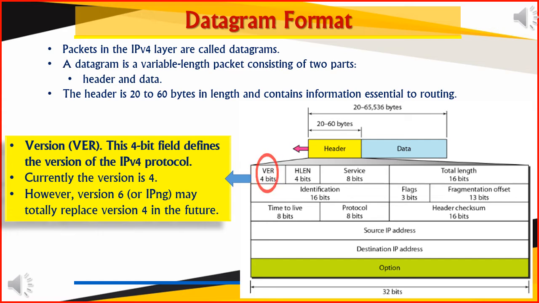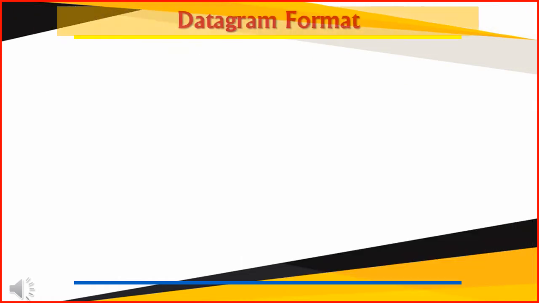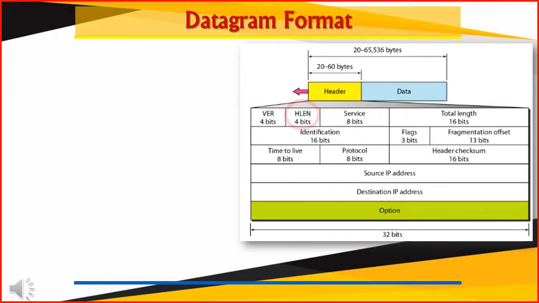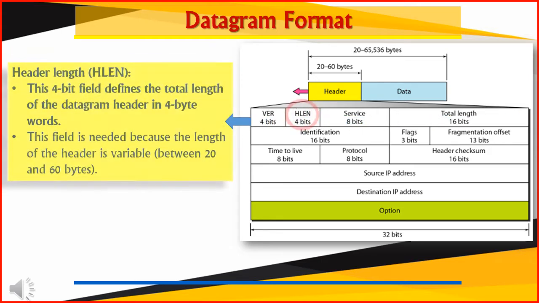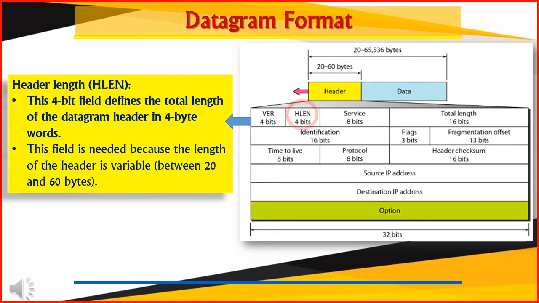So IP version 4 will be replaced by IP version 6 in future. The second block is the header length, or HLen, block. This 4-bit field defines the total length of the datagram header in 4-byte words. This field is needed because the length of the header is variable between 20 and 60 bytes.